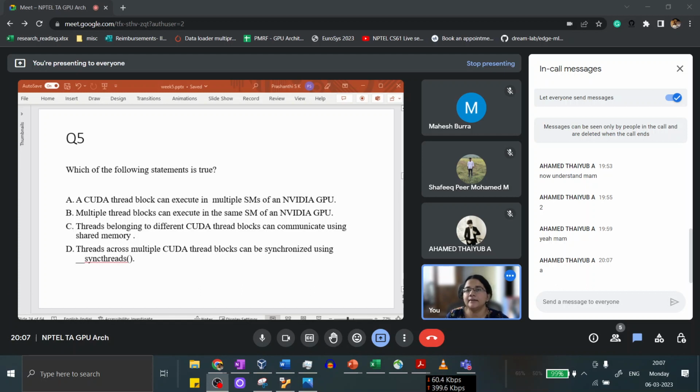Okay. A CUDA thread block can execute in multiple SMs of an NVIDIA GPU. Anyone else?